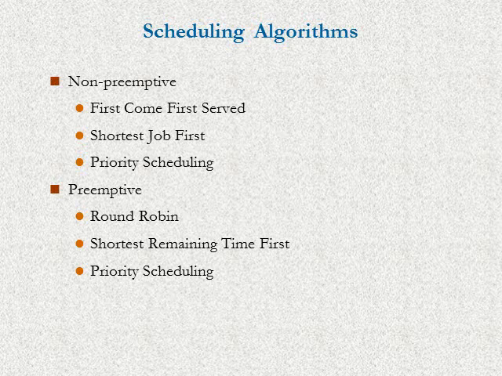All these three algorithms fall under the category of non-preemptive CPU scheduling algorithms because in this class, once a process enters the processor, it would not come out unless it completes its execution.